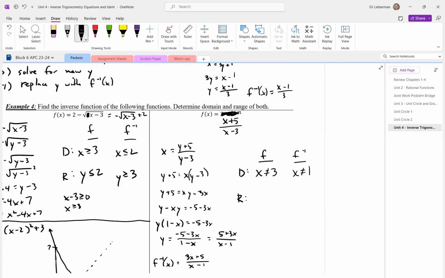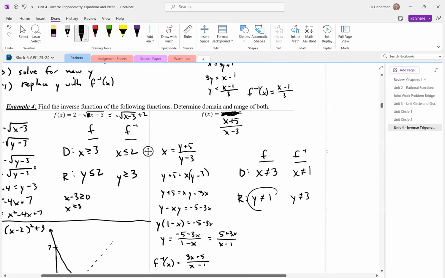Do you know the ranges? Thank you. Nice. Why does it make sense that y can't equal 1, considering what we know? Because what? Nice, exactly. That's the domain of the inverse function, but picturing the graph.